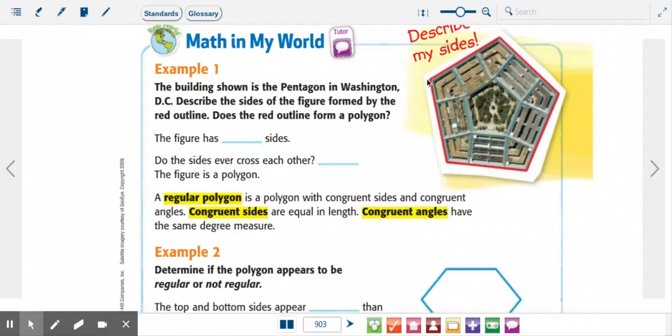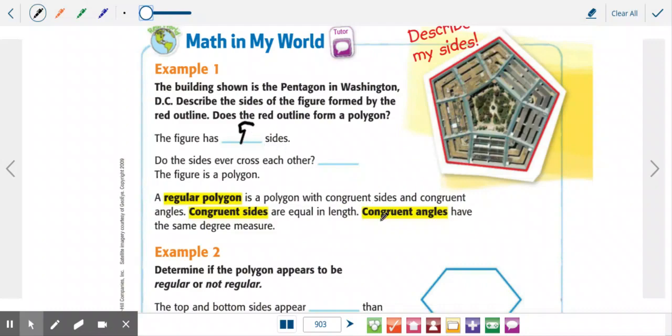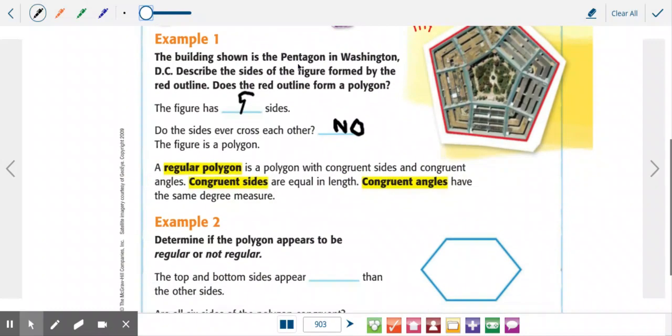And the answer is, well, how many sides does it have? 1, 2, 3, 4. It has 5 sides. And then, do those sides ever cross over each other? Do they ever intersect? And the answer to that is no. Okay, so it has 5, weird 5, but okay. 5 sides. Do they cross over each other? No, so the answer is that that's a polygon.